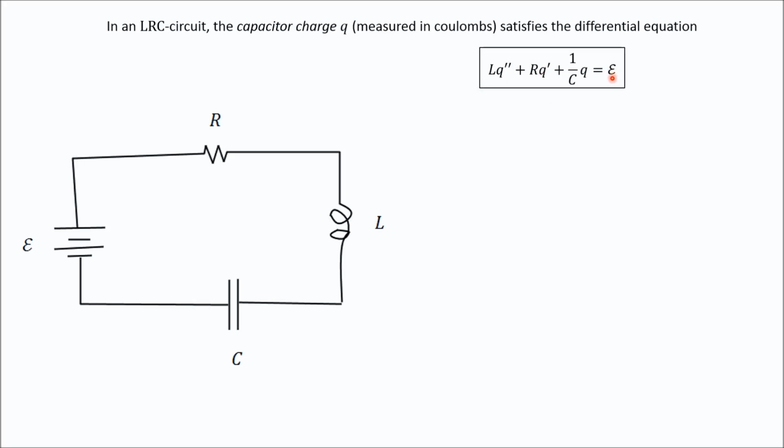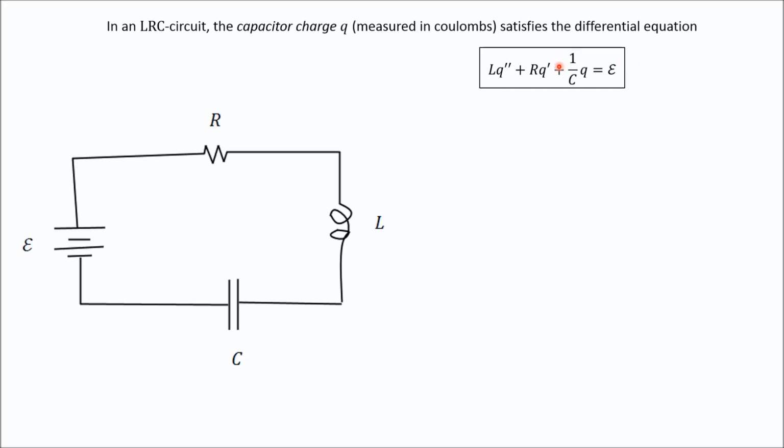where this script E is the voltage of the battery, or whatever. It could be an alternating current, so it could be a variable voltage.